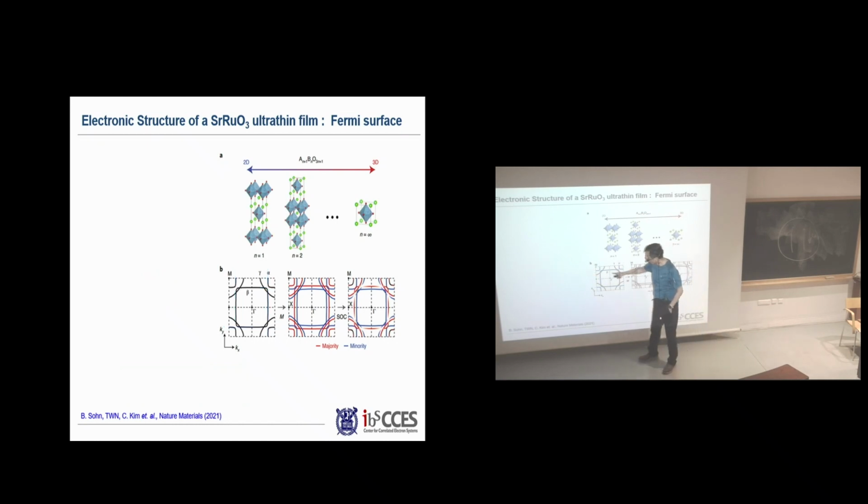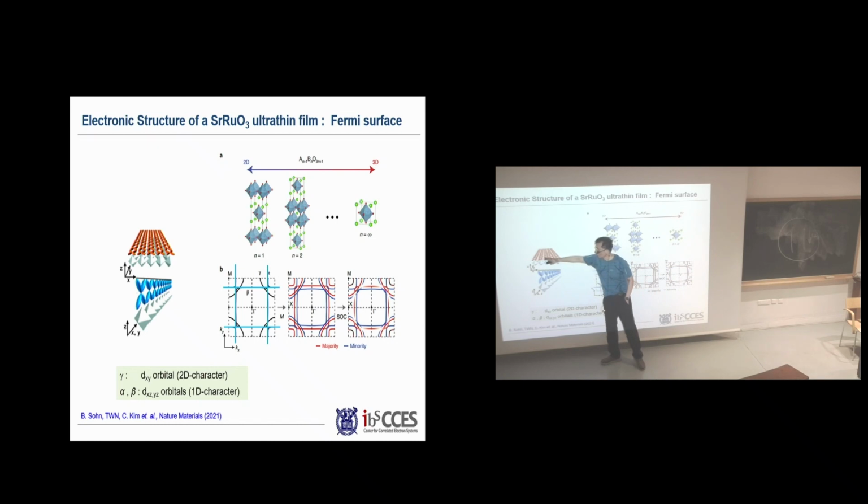So, for example, this one around the gamma point, if you combine, this is a circle. So in 2D, if you have an XY layer like this, unlimited, extended along the surface, you should have a circular Fermi shape. So this gamma band is actually coming from XY orbitals that are lying in the plane.